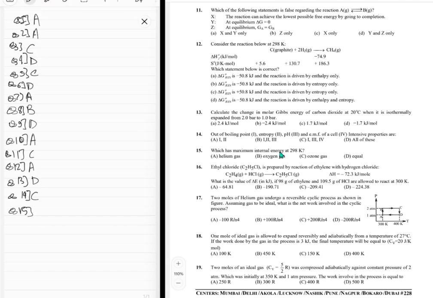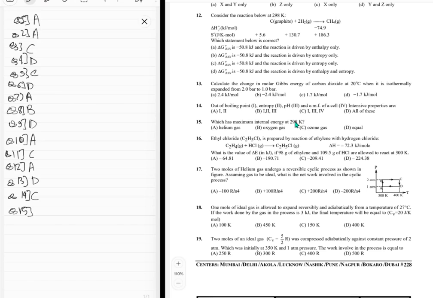15, which has maximum internal energy at 298 Kelvin. So at, yeah, 298 Kelvin, that's 300 Kelvins. Room temperature. Helium gas, oxygen gas, ozone gas. Internal energy, huh? I mean, okay, how do you measure internal energy?